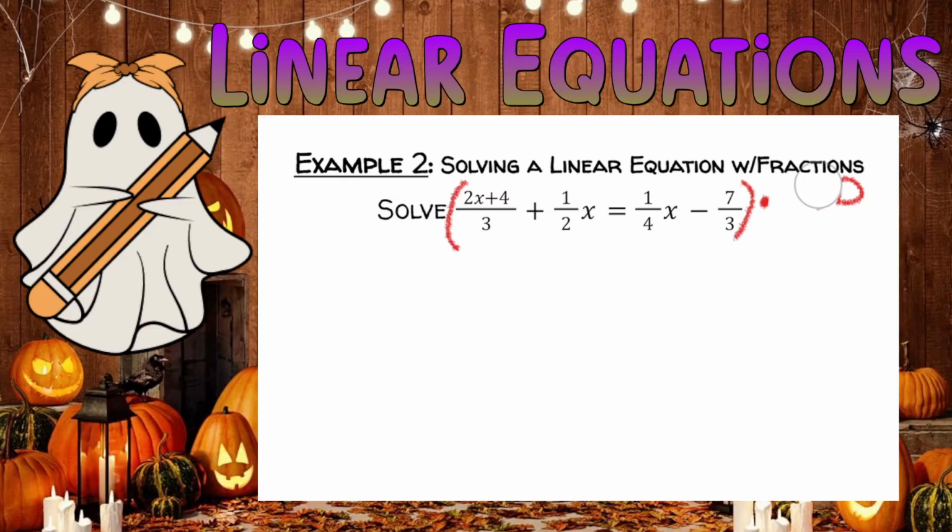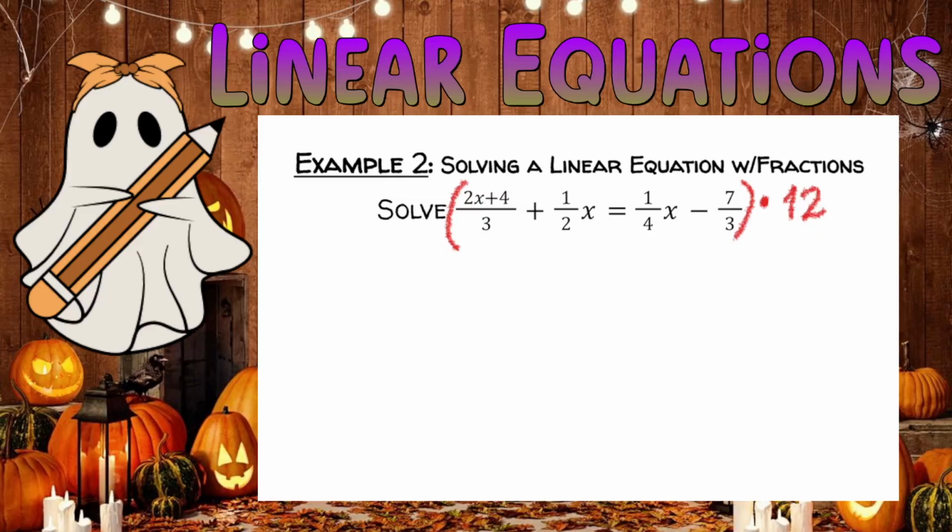The least common denominator between 3, 2, 4, and 3 is not 24, or anything bigger. 2 is already a factor of 4, so it's redundant to incorporate 2 if you already incorporated 4. So the LCD, lowest common denominator, is 12.